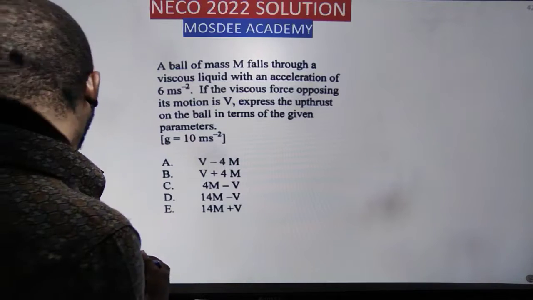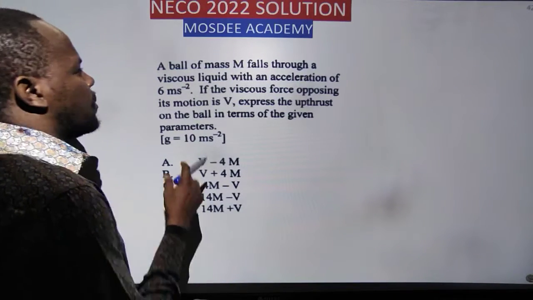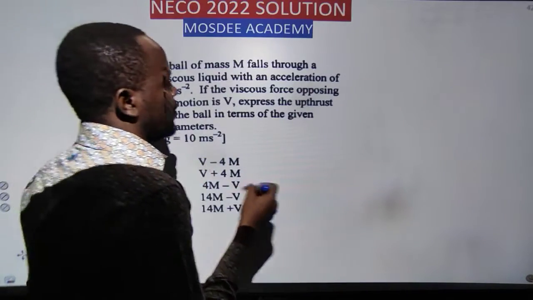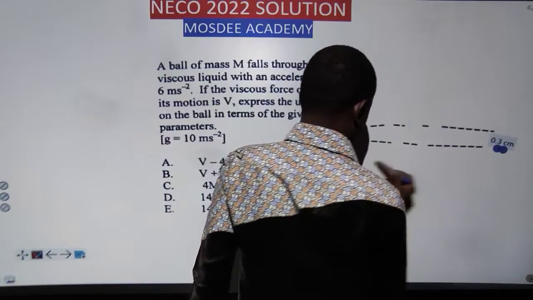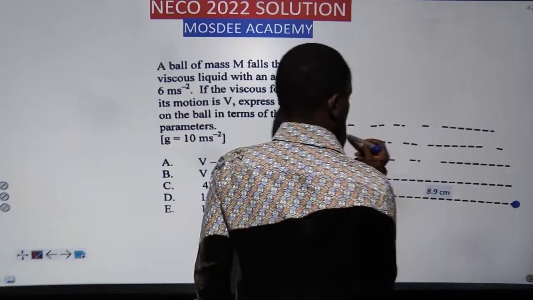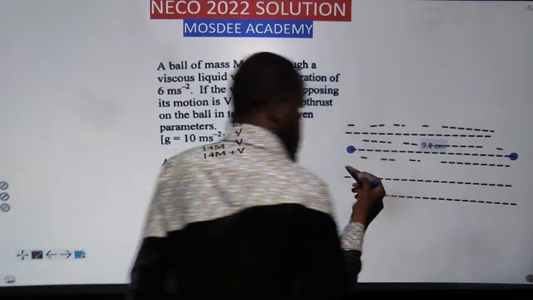Now, a ball illustration slide. A ball of mass m falls through a viscous liquid. So that is a liquid. Let's assume that is your liquid.